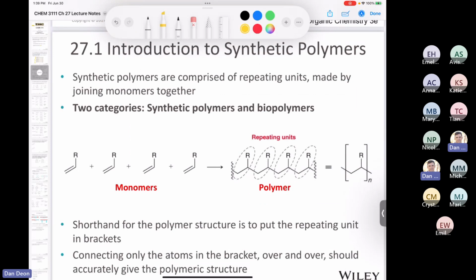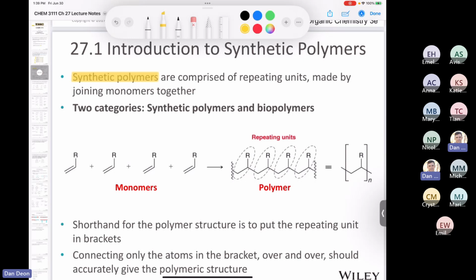It says what we're going to deal with are synthetic polymers. Now, if you're wondering what's a non-synthetic polymer, well, that would be a biological polymer like DNA, RNA, polysaccharides, and proteins, enzymes, etc. So synthetic polymers are made by joining little units together, and we call those units monomers, and we put those monomers together and we make a polymer.